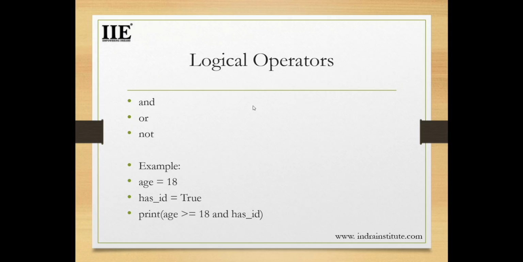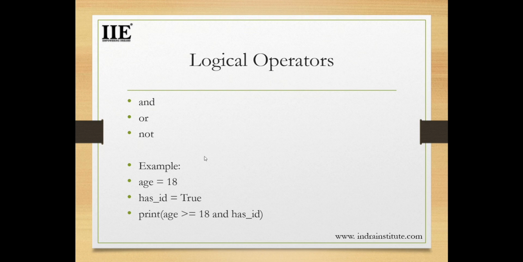Logical operators. Logical operators combine multiple conditions. There are three logical operators: and, or, not. And: both conditions must be true, then only it gives true. Or: at least one condition must be true. Not reverses the result. If the result is true, then it reverses into false. These are mostly used in real world scenarios like a login system.